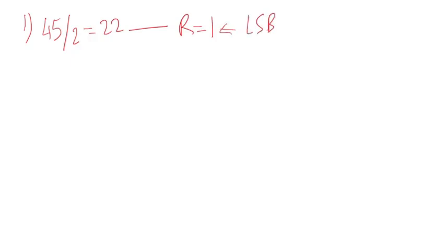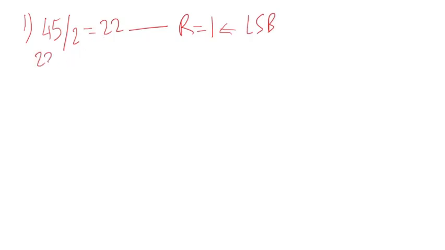So I'll use repeated division. What you do, you take 45 divided by the base you want to convert to, which is binary. So 45 divided by 2 is 22, and we keep track of the remainder. The remainder is 1, and just remember, this is the least significant bit.